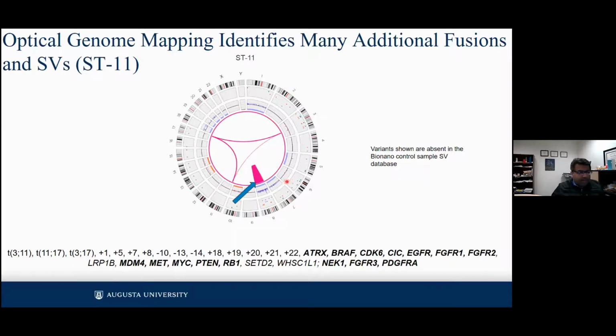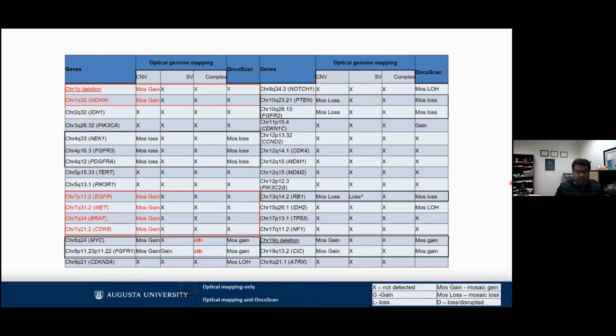The blue arrow shows evidence of chromothripsis of chromosome 8, which is beyond the detection capabilities of SNP microarray, and the bolded genes are the ones which are critical or clinically important in the TCGA database, which we use for regular clinical reporting. As you can see, the comparison of Oncoscan data along with optical genome mapping highlights the unique things which we have identified by optical genome mapping, and the concordance in the black boxes.